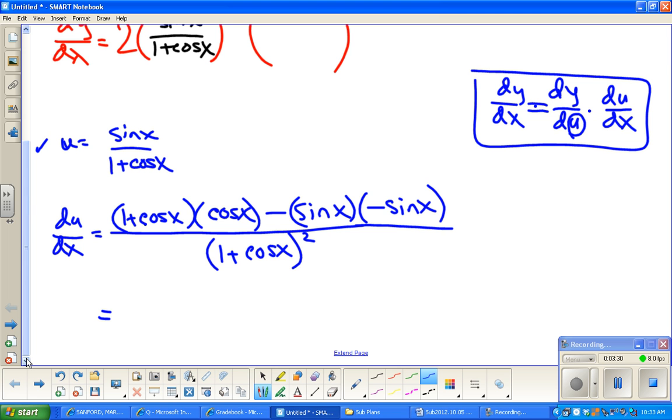You'll be shocked to know, probably not shocked to know, that there's actually a much better way to write that. So I can distribute cosine here. This is going to be cosine plus cosine squared. This is minus a negative, so plus sine squared.